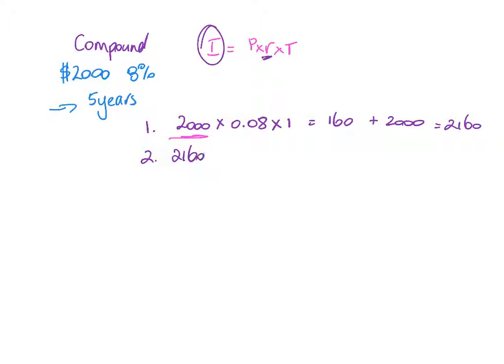This time we're going to be investing the $2,160 by our 8% times by 1. So the second year, now we've earned a little bit more money. Again, we add it into the original amount, which is now this one. So now we're left with a figure of $2,332.80.